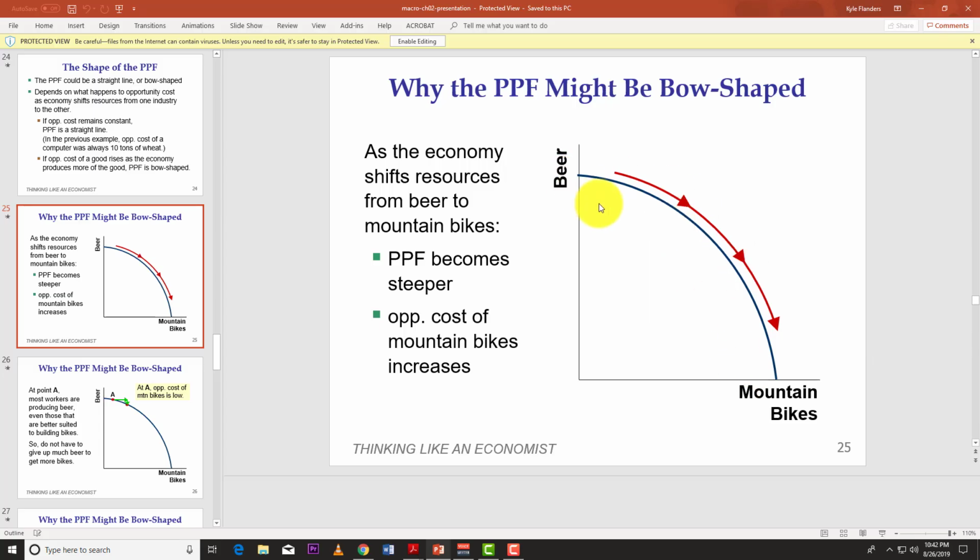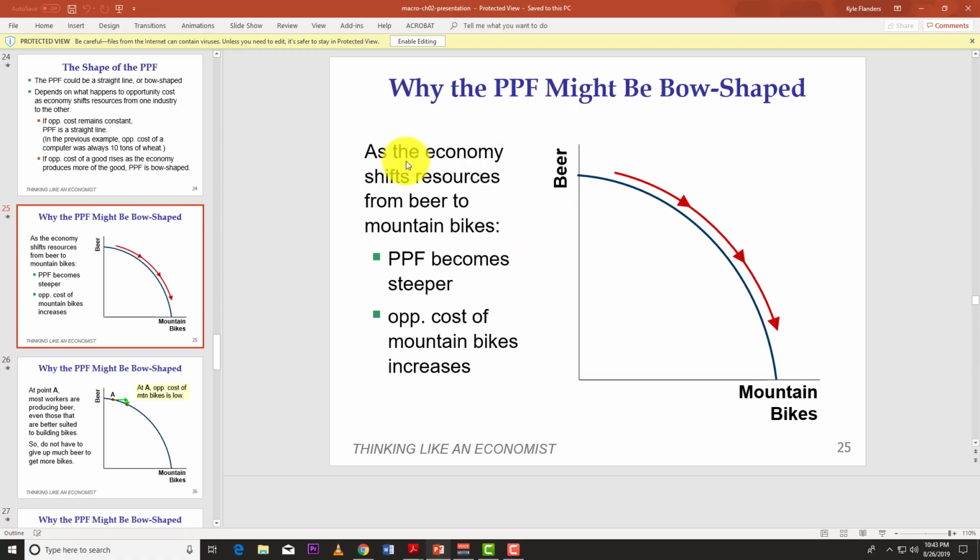So if at first, to produce one beer, you have to give up 10 mountain bikes, but then to produce 2 beers, you have to give up 25 mountain bikes, then to produce 3 beers, you have to give up 35 mountain bikes, you have to give up more and more of one to get the other. That is why it's bow-shaped.